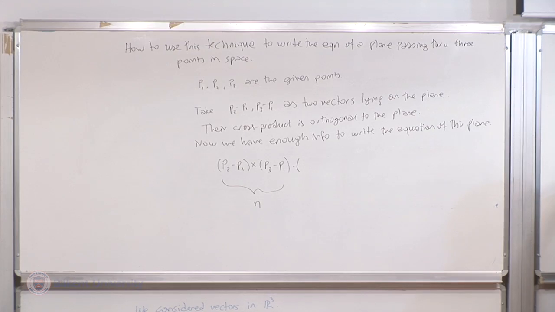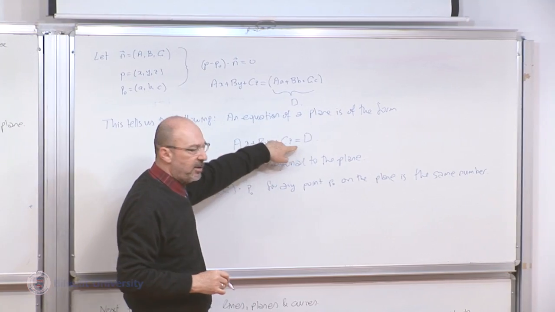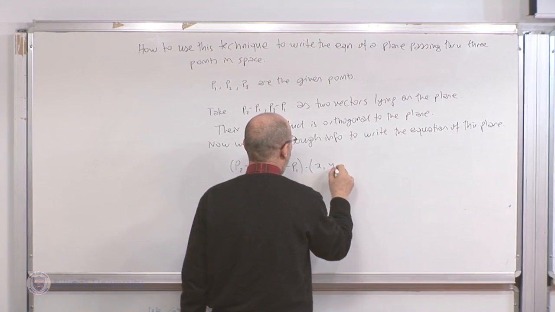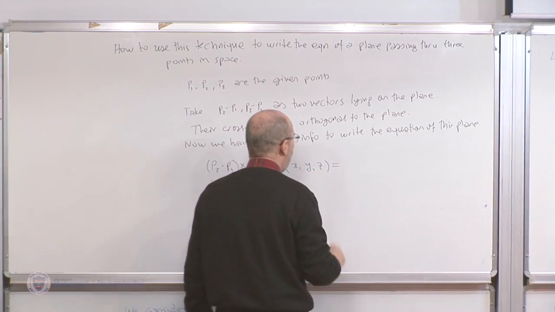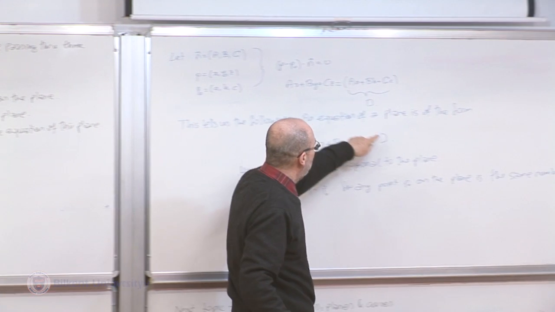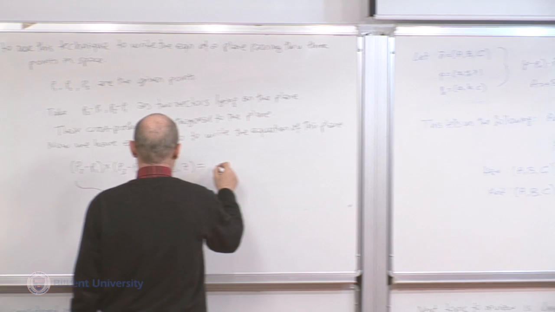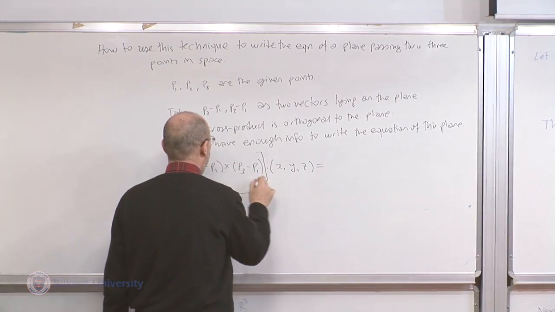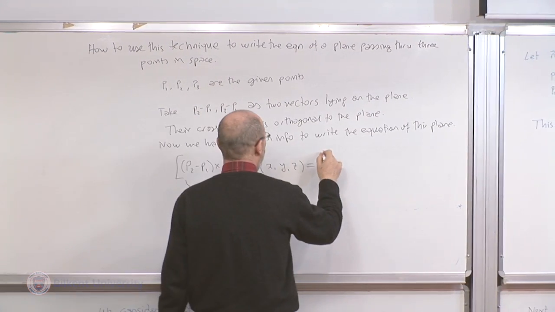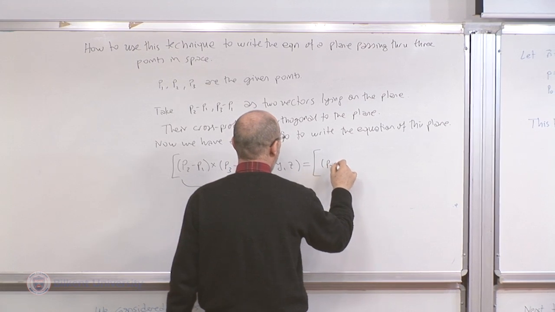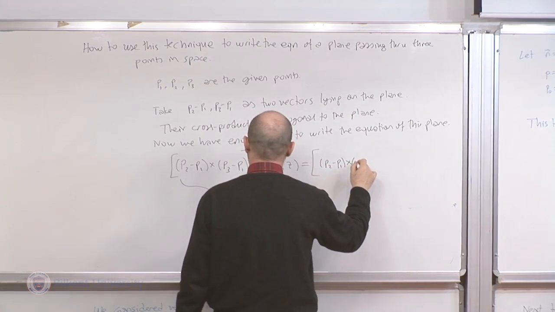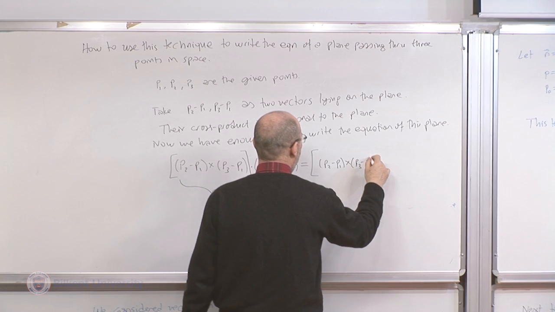This part is easier. This is equal to, let's read this side, the same vector: P2 minus P1 cross P3 minus P1.